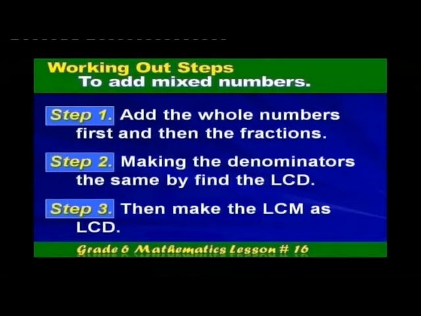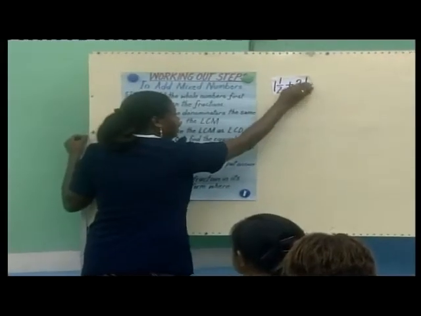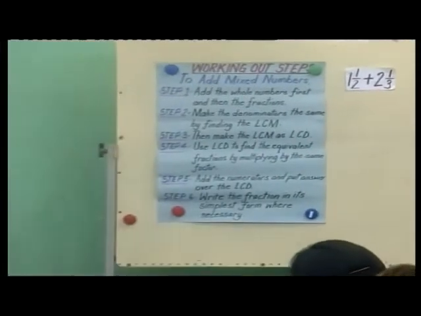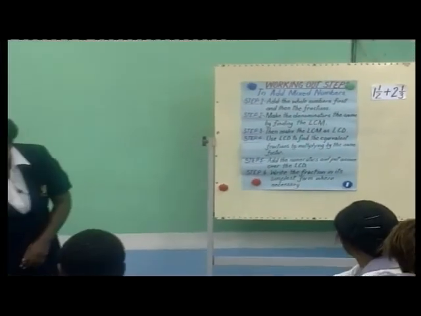Now we have addition to add mixed numbers. Class, step one is to, can you read? That's step number 1. So I will put the question up. This is what we are going to look at. We are going to add 1 and 1/2 plus 2 and 1/3.